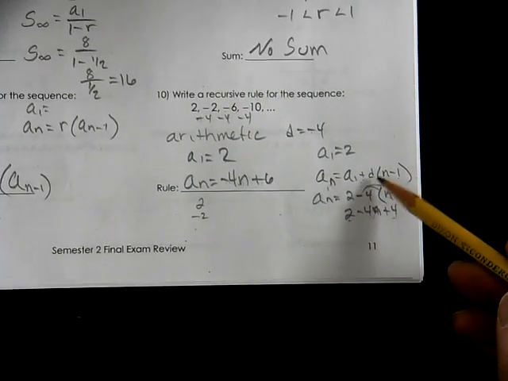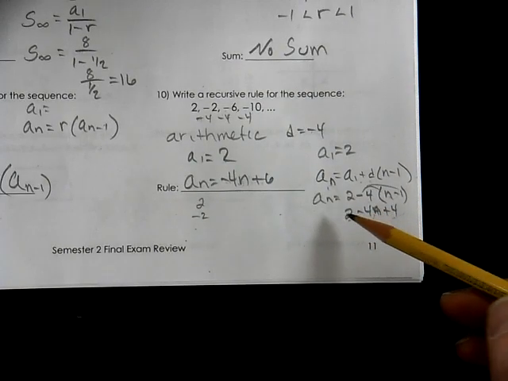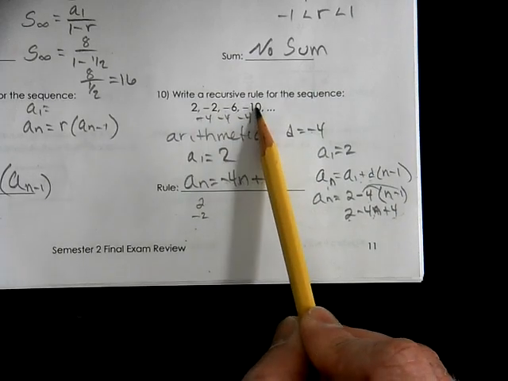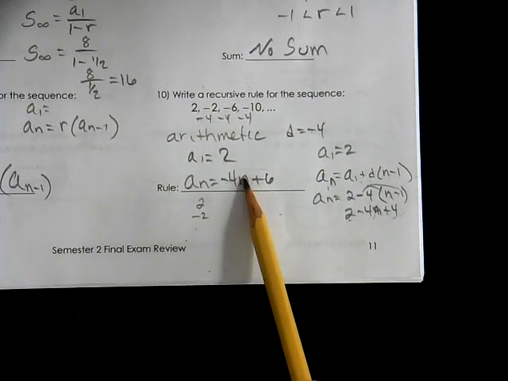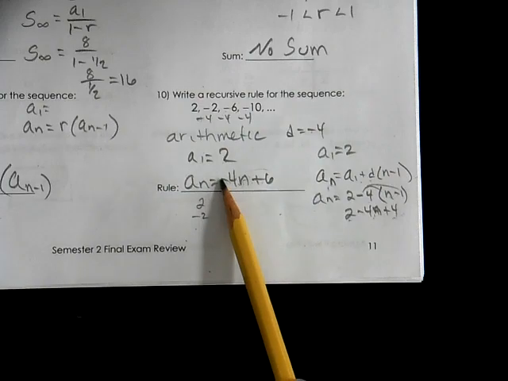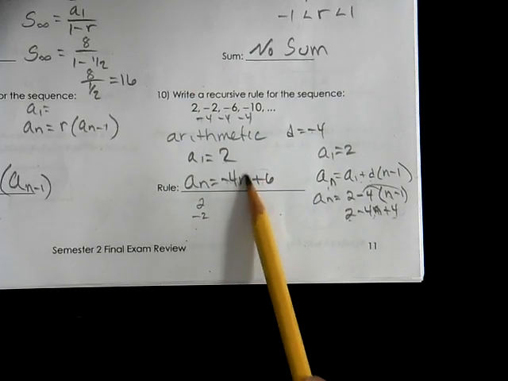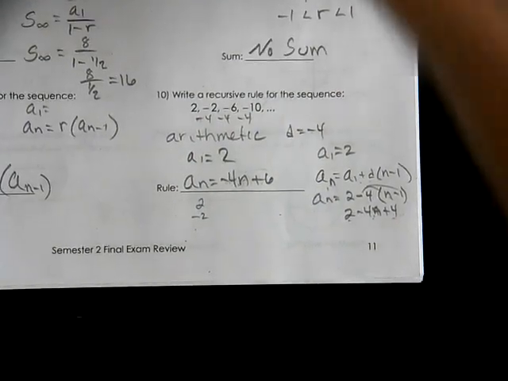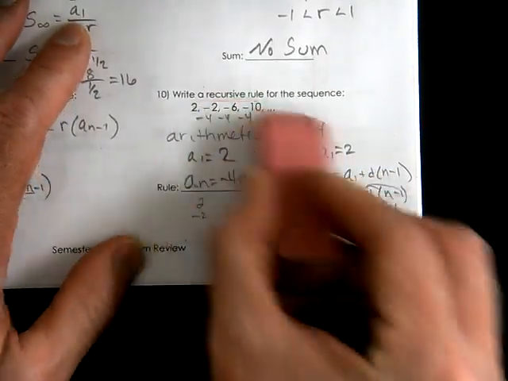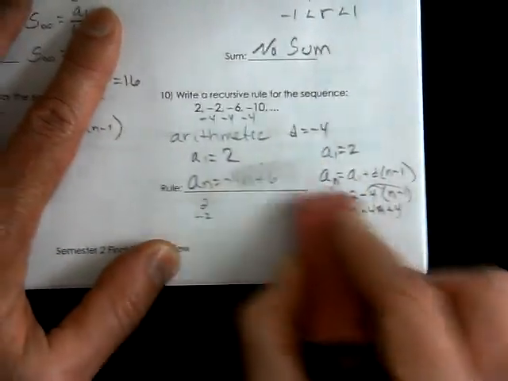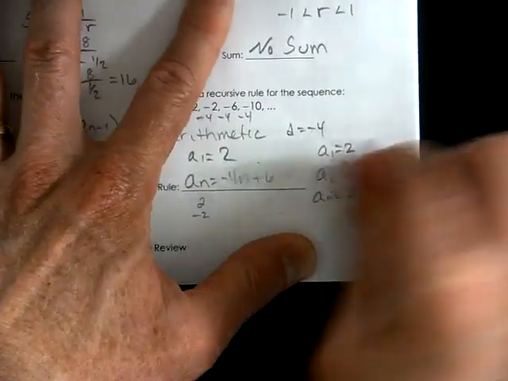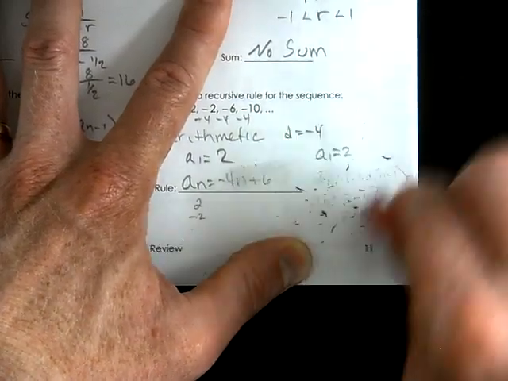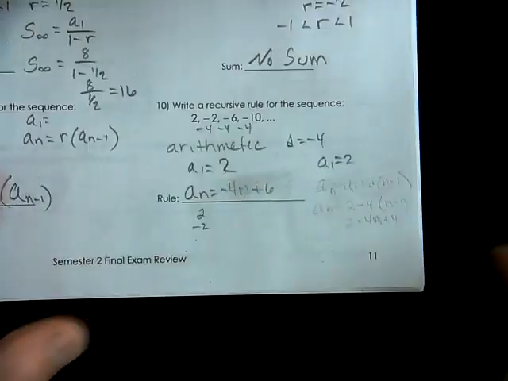This is an explicit rule. It's not going to work this way. With this rule, if I want my fourth term, I plug a 4 in here. So negative 4 times 4 is negative 16, plus 6 is negative 10. Works out great. But we're supposed to be doing a recursive rule. My bad, sorry about that. I did the explicit rule.